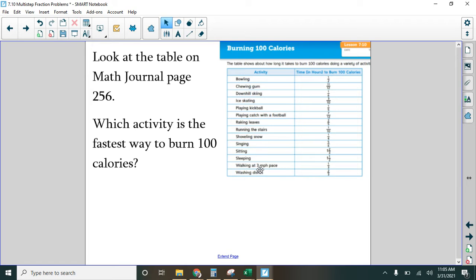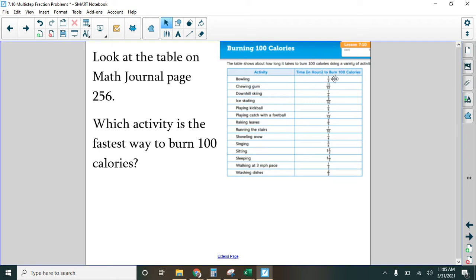Please open up to Math Journal page 256 and take a look at this chart, because this table shows how long it takes to burn 100 calories doing a variety of activities. So food has calories, but when we exercise, we use those calories. Which activity is the fastest way to burn 100 calories?